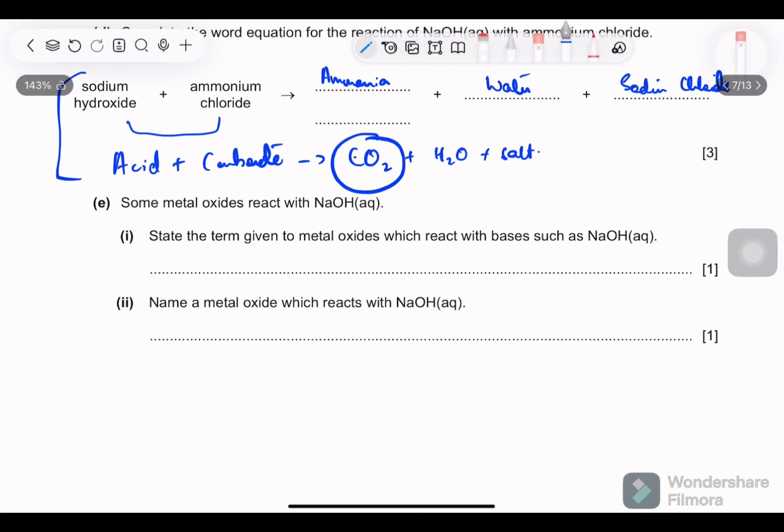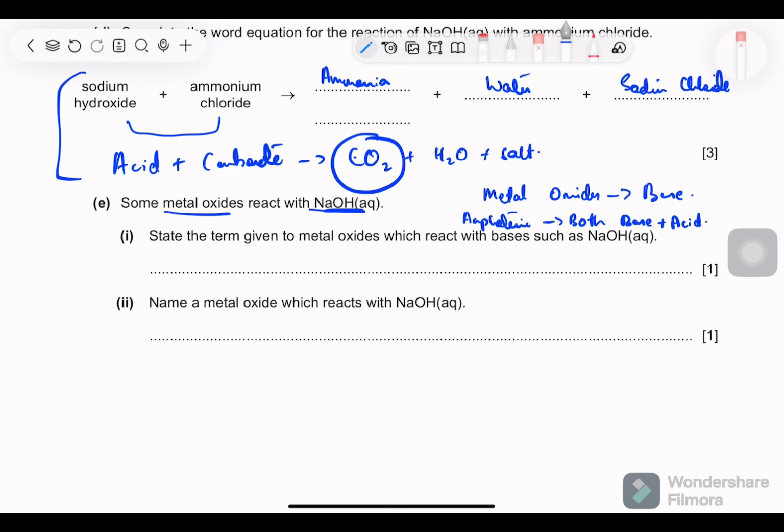Next, some metal oxides react with NaOH. Now, NaOH is a base, and all metal oxides are also supposed to be bases. Metal oxides are bases, but there is another class of metal oxides we have studied, which is amphoteric, which react with both base and acid.